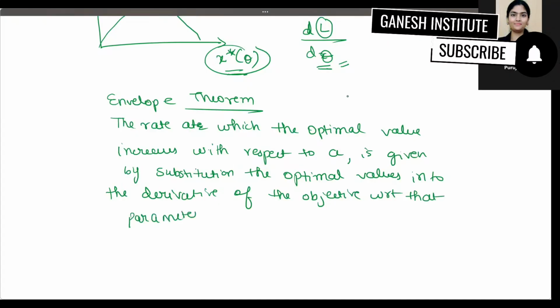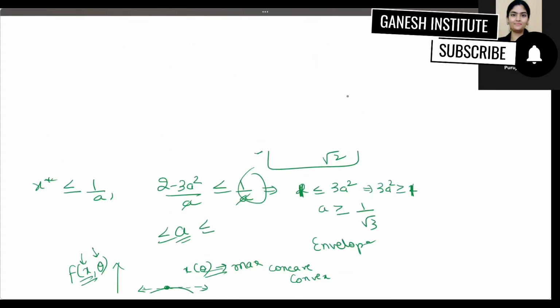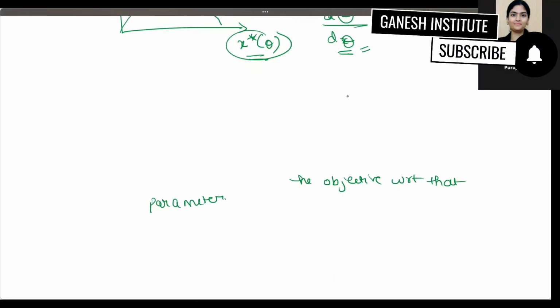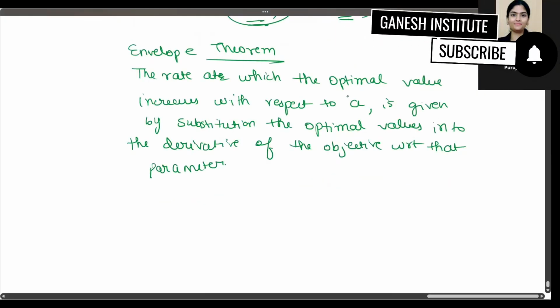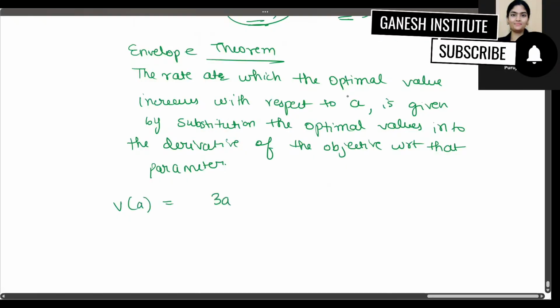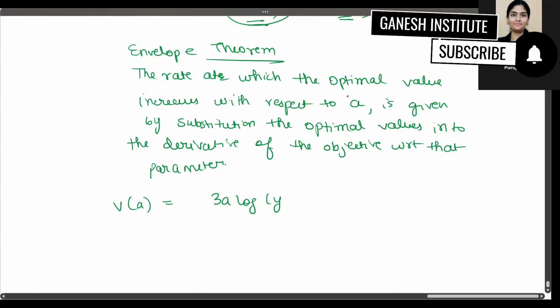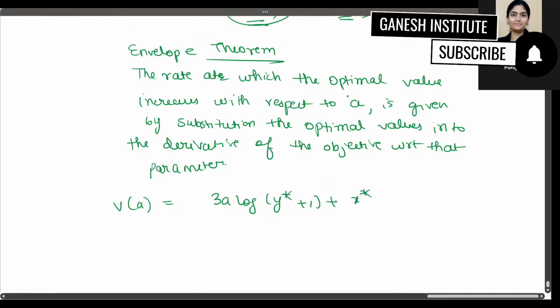For example, tell me what was the value function here. Ma'am, after putting the value of y, it was 3 log y plus 1 plus 6. If I put the optimal values which I have found out, y star and x star, this is my value function.